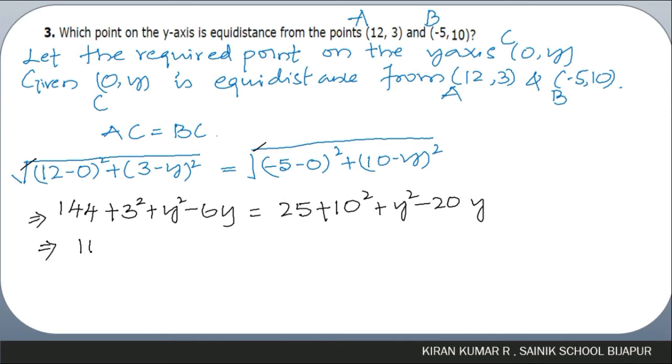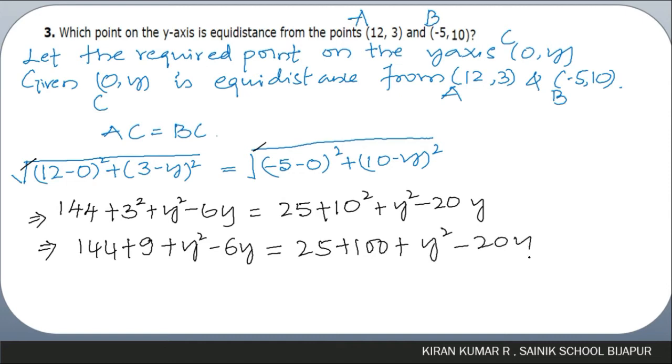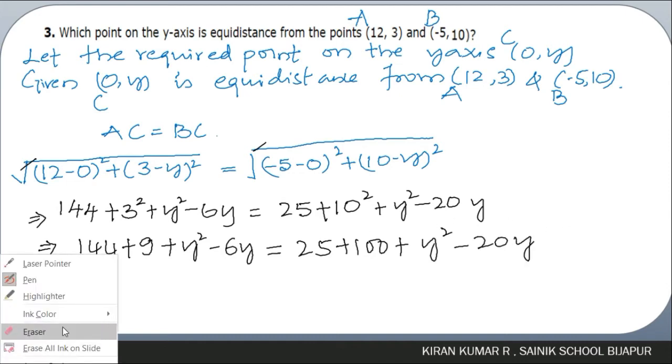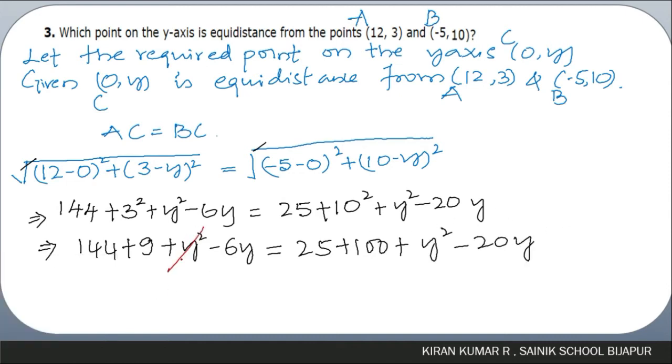We get 144 plus 9 plus y square minus 6y, equal to 25 plus 100 plus y square minus 20y. Here the y square terms are positive on both sides, so they get cancelled.